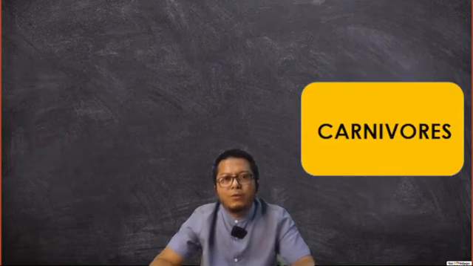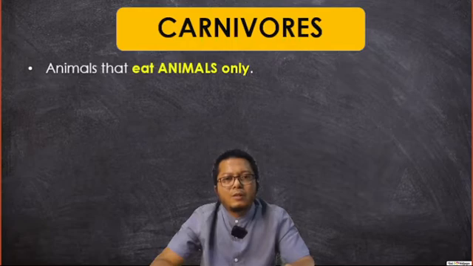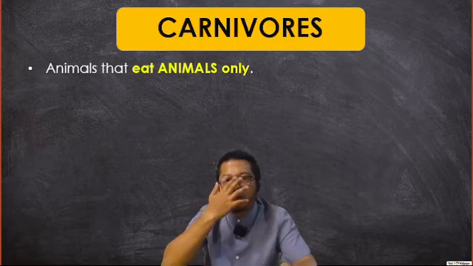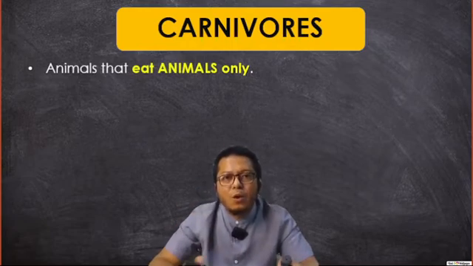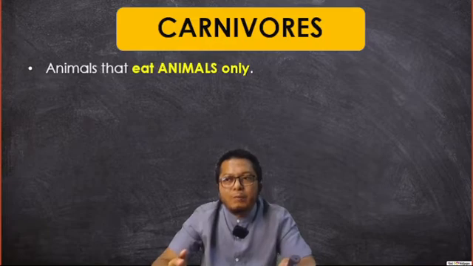Now we shall move on to carnivores. What does carnivores mean? Carnivores means animals that eat animals only. These types of animals only eat animals, any kinds of animals, like maybe a big animal or a small animal like grasshopper, or maybe bugs, which are also a type of animal, which is what we call insects.